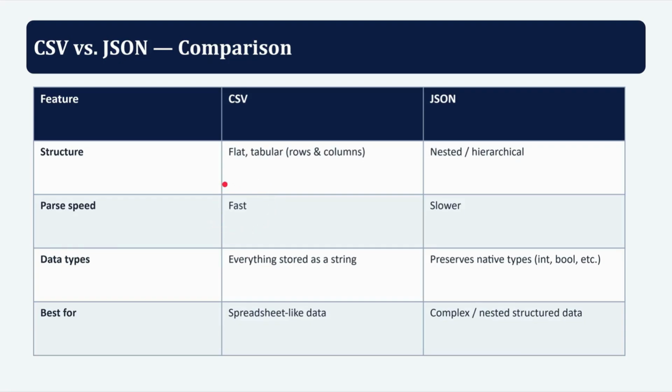CSV files have a fast parse speed, and JSON files have a slower one. For data types, in CSV files everything is stored as a string, and JSON files preserve native types like integers, booleans, and etc. CSV is best for spreadsheet data, and JSON files are best for complex and nested data.